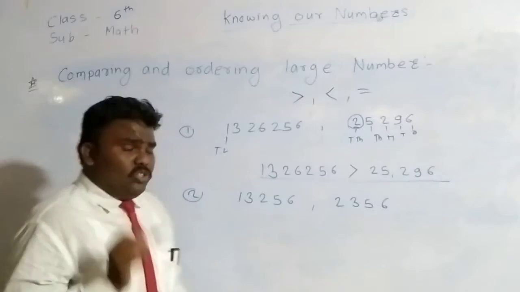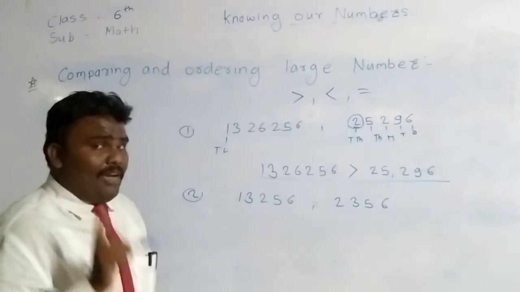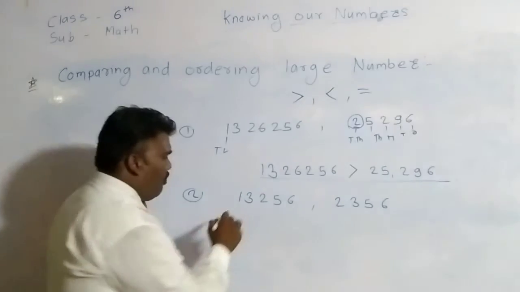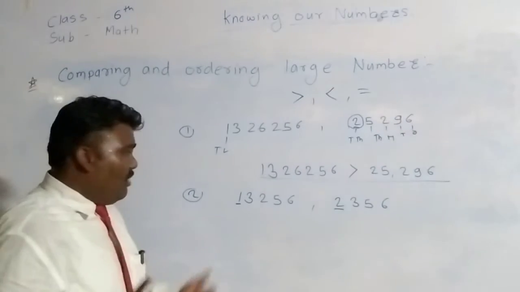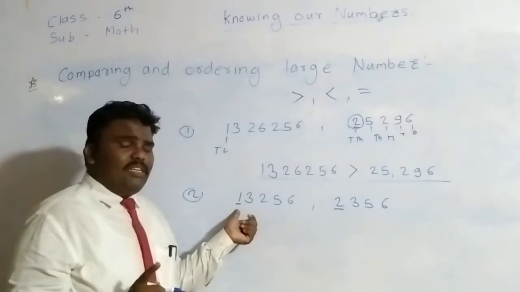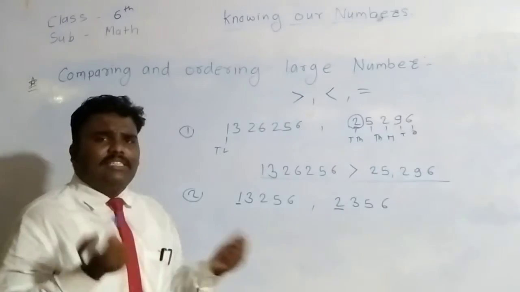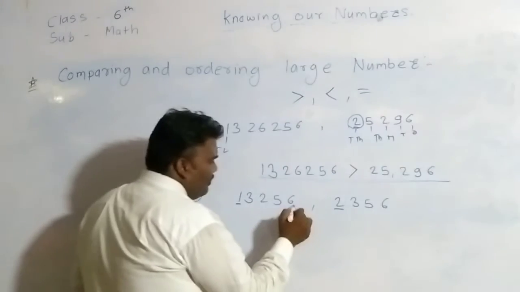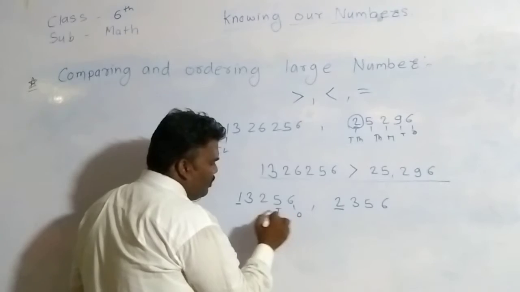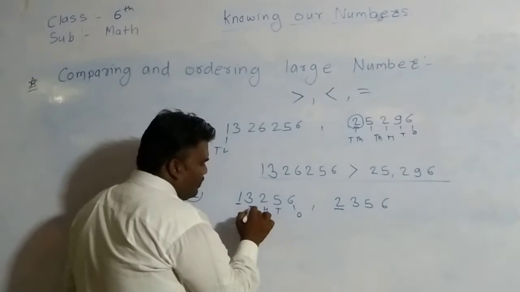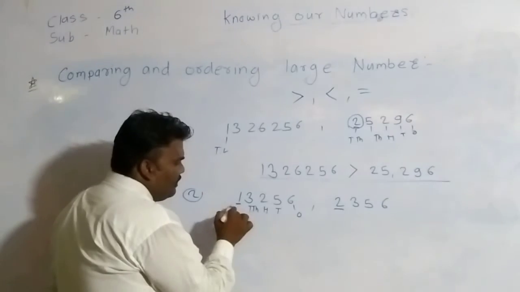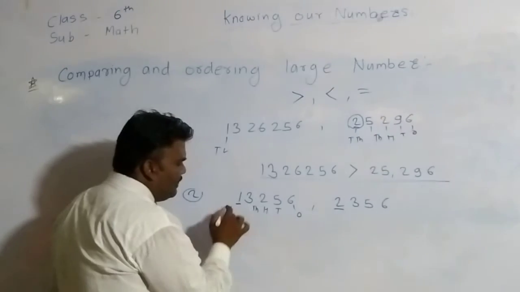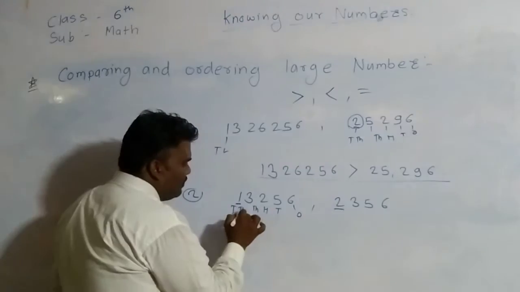Which one is greater? To decide the greater number, we have to find out the place value of these numbers. Once you find out the place value of these numbers, then you can decide which one is greater. So let's find: it's a ones place, tens place, hundreds place, thousands place, and it's the ten thousands place.